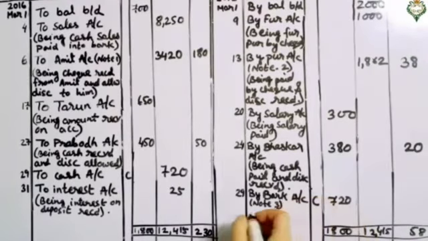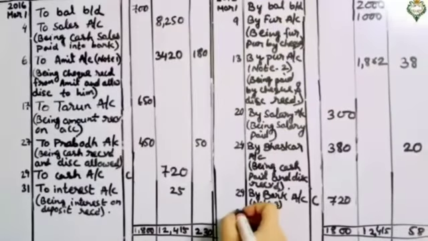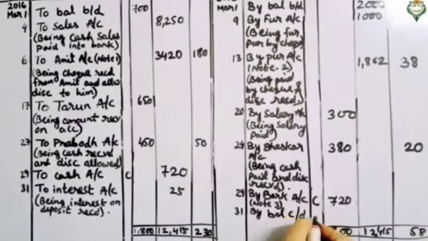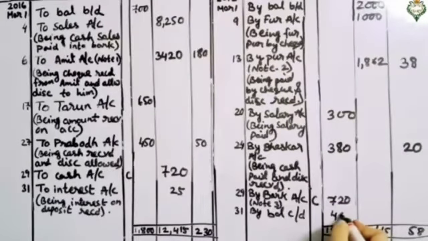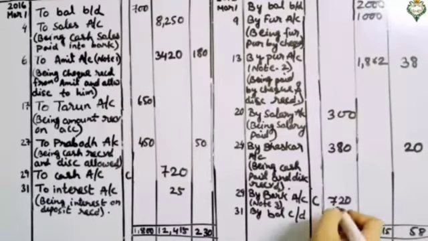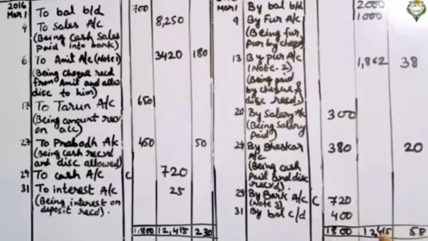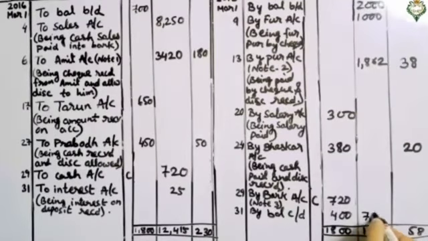Now the deficit amount that we have to record here by writing 31st by balance C/D. The deficit amount here will be 400, because only 400 we have to keep for cash, and all the other amount we have deposited into the bank. So obviously here we will get 400, and in the bank column we will get the deficit amount, that is 7,553.